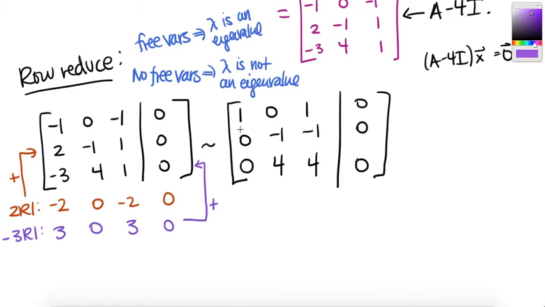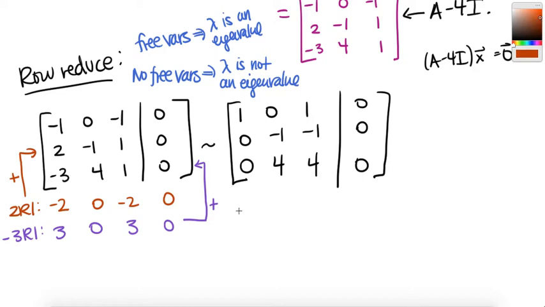Okay, so if we think about our pivots, pivot here, and then look at these two rows. What's going to happen when we keep row reducing those two rows? Well, let's go ahead and find out.